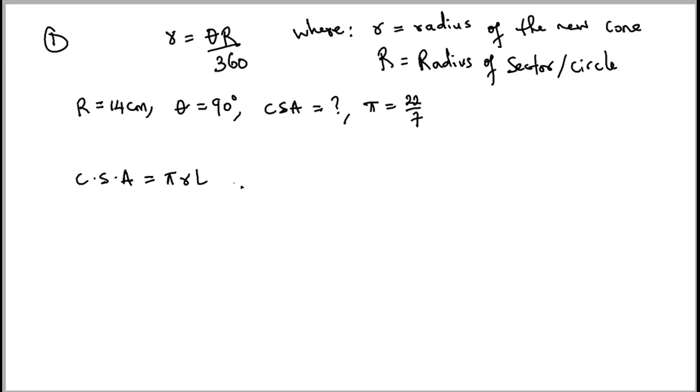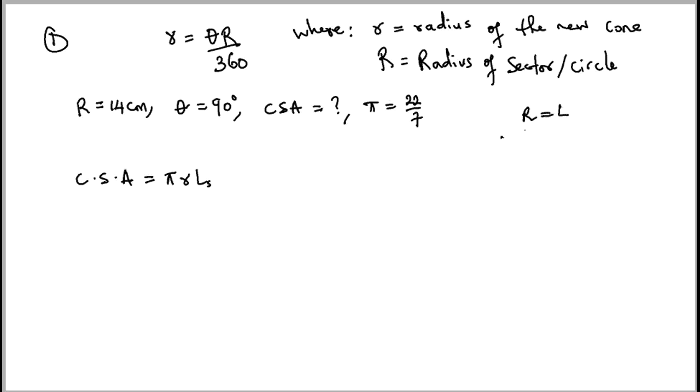So how do we get the slant height of this cone? Like I told us yesterday, and you can check the previous video, whenever you're given the radius of the sector, R, it's still the same thing as the slant height.